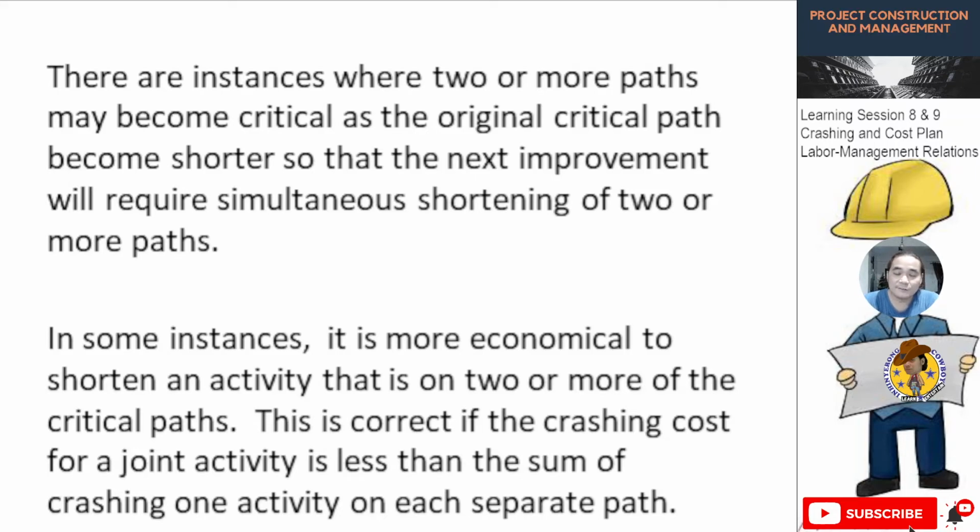In some instances, it is more economical to shorten an activity that is on two or more of the critical paths. This is correct if the crashing cost of the joint activity is less than the sum of crashing one activity on its separate path.